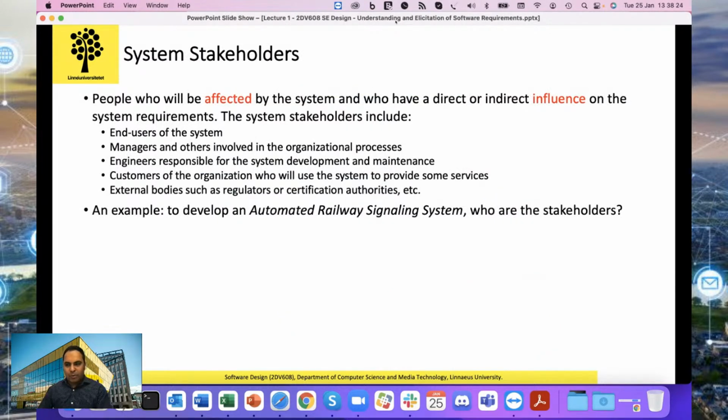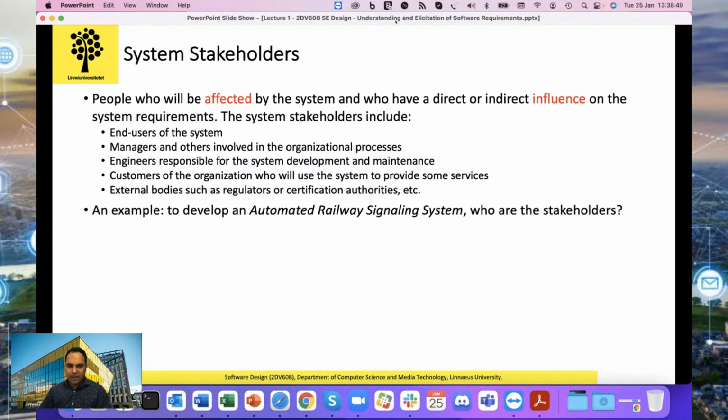So until now, we were talking about requirements, but I also mentioned briefly about stakeholders. An important thing here is that the requirements are coming from stakeholders. So what do we mean by stakeholders? Stakeholders are not always the end users.